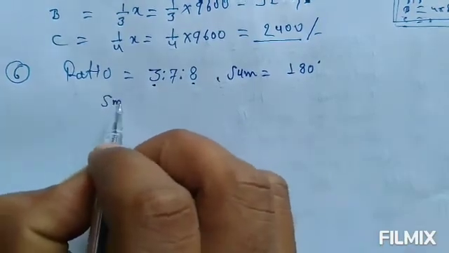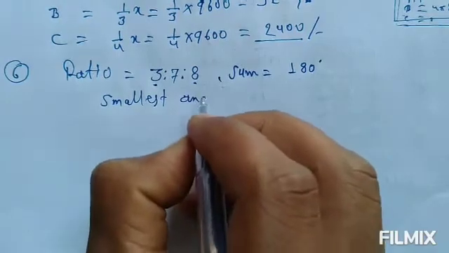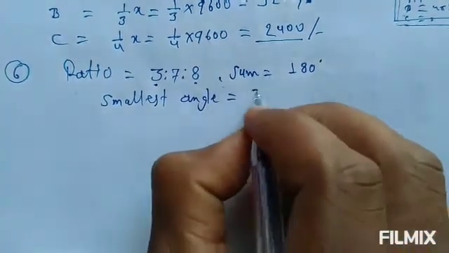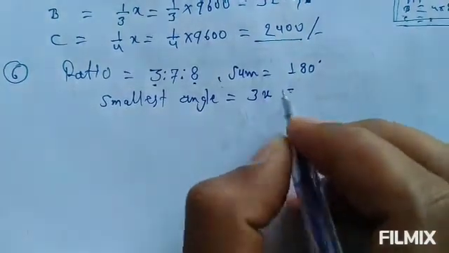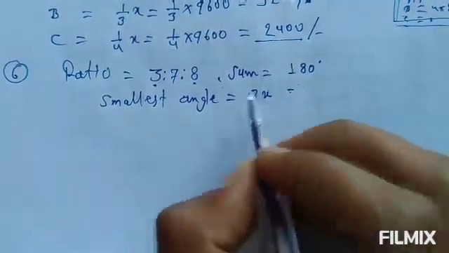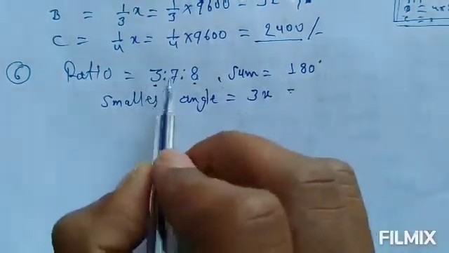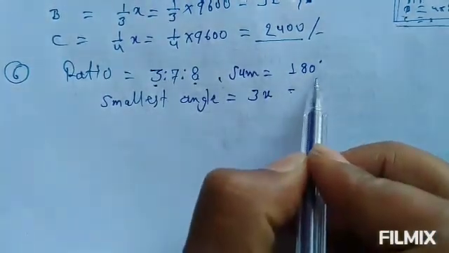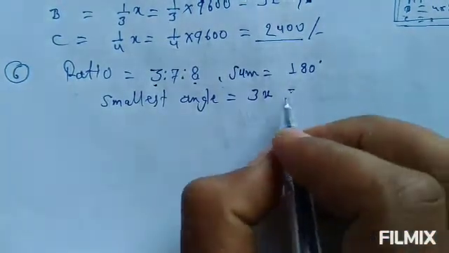So the smallest angle is 3x, and first of all add the numbers, that will be 18. Find out the value of x.